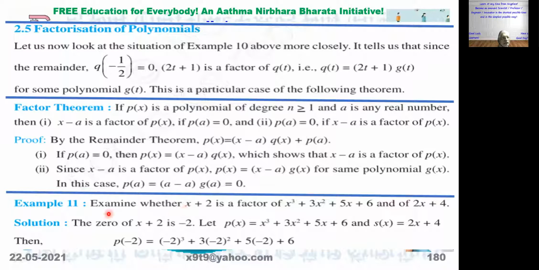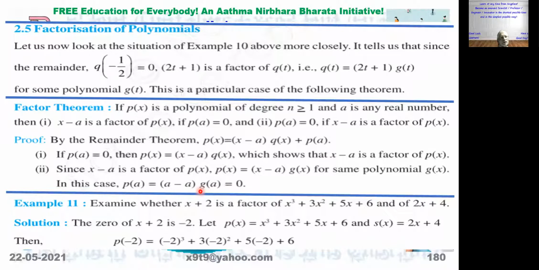Now, let us examine whether x plus 2 is a factor of x cube plus 3x square plus 5x plus 6. Here we can do this by two different methods. One is by dividing this dividend by this divisor and finding the remainder.